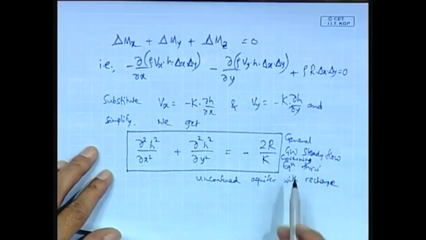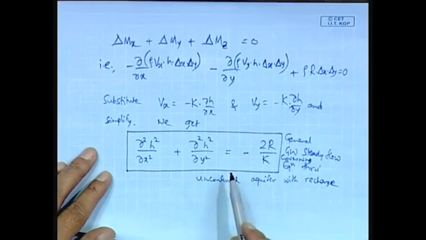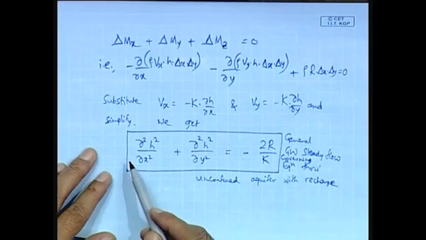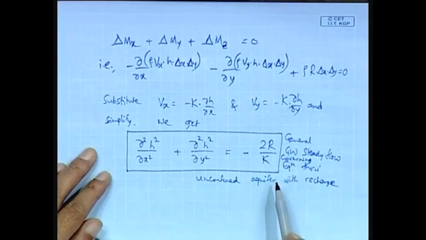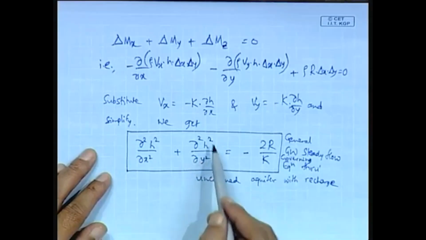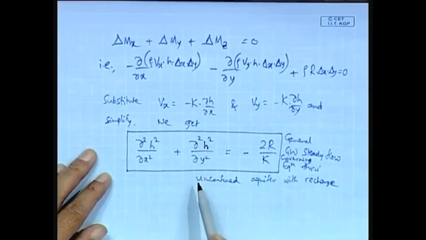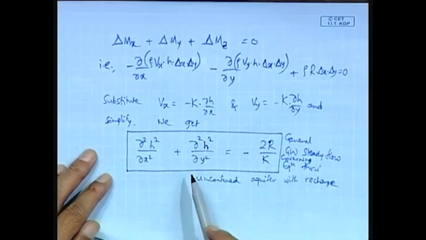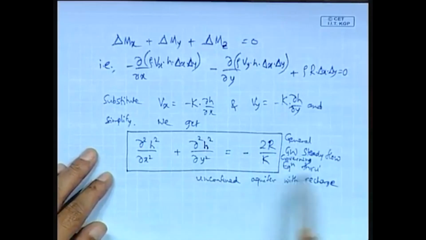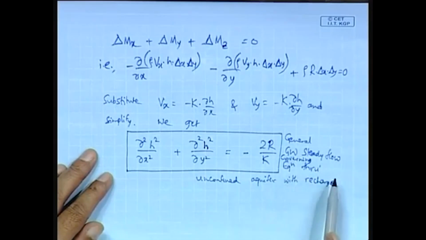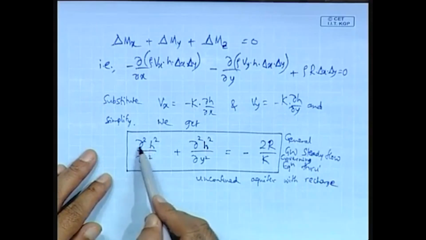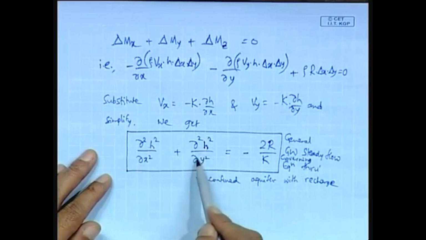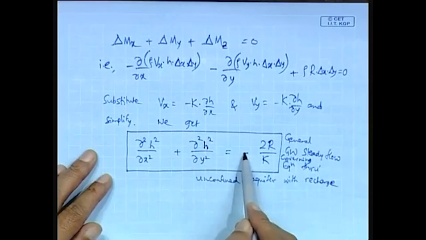In case of steady flow through an unconfined aquifer, it satisfies the Laplace equation in h square, whereas when there is a recharge through the unconfined aquifer at the rate of r along the z direction, the general governing equation for steady flow through unconfined aquifer will be given by d square by dx square of h square plus d square by dy square of h square equal to minus 2r by k.